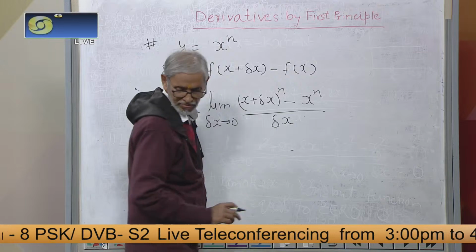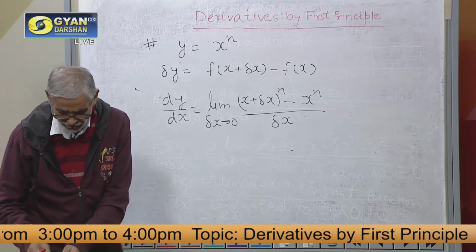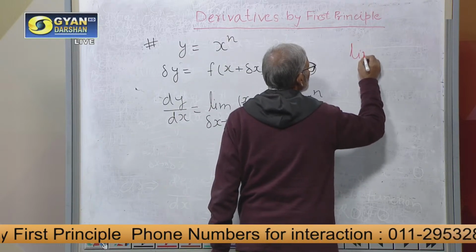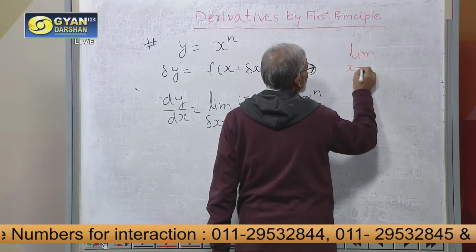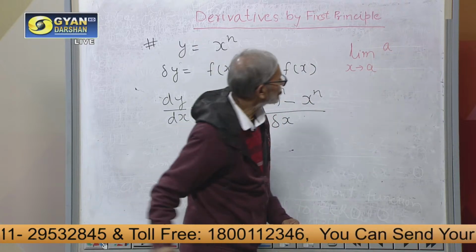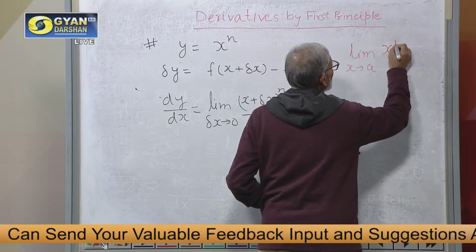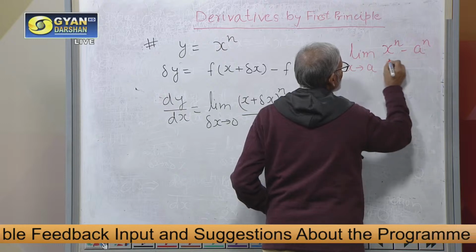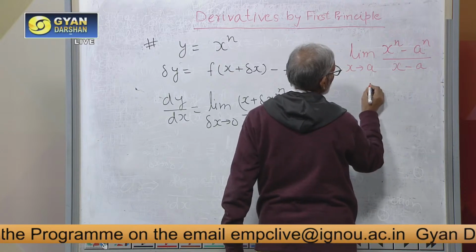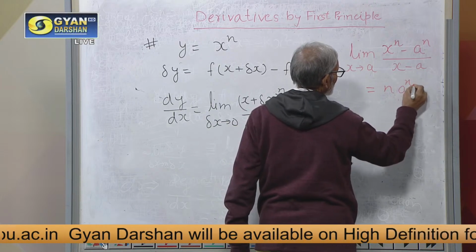You must have come across the formula: limit x tends to a of x to the power n minus a to the power n divided by x minus a, and this is n a to the power n minus 1.